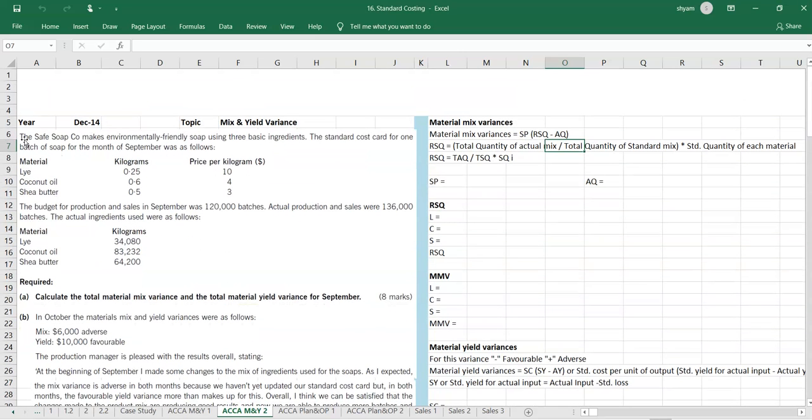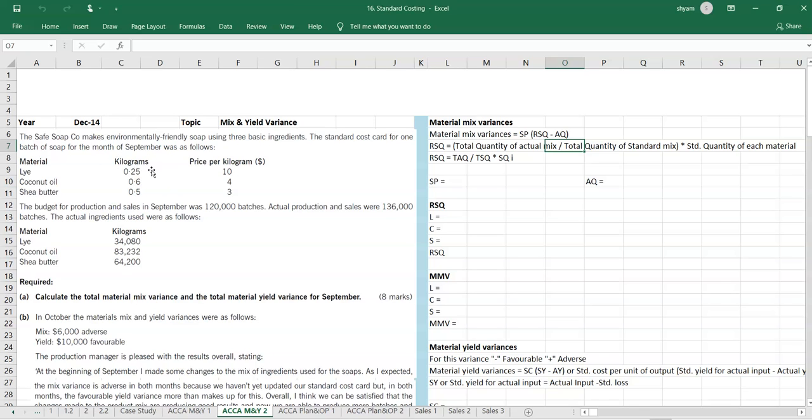So the question starts: Safe Soap Co. makes environmentally friendly soaps using 3 basic ingredients. The standard cost card for one batch of soap for the month of September was as follows. For materials, I have taken lye as L, coconut oil as C, and shea butter as S. These are the standards required for one batch of soap.